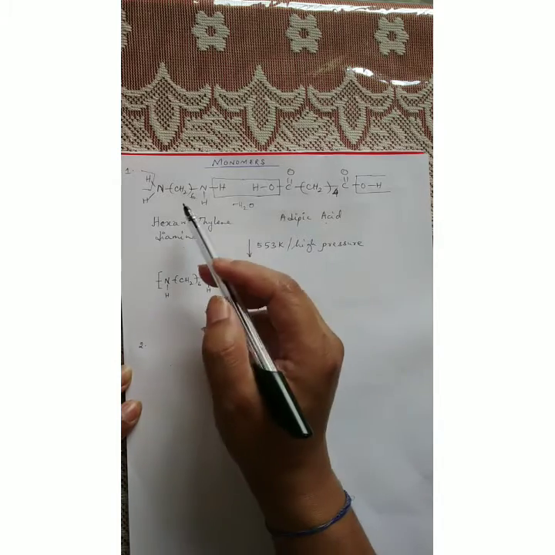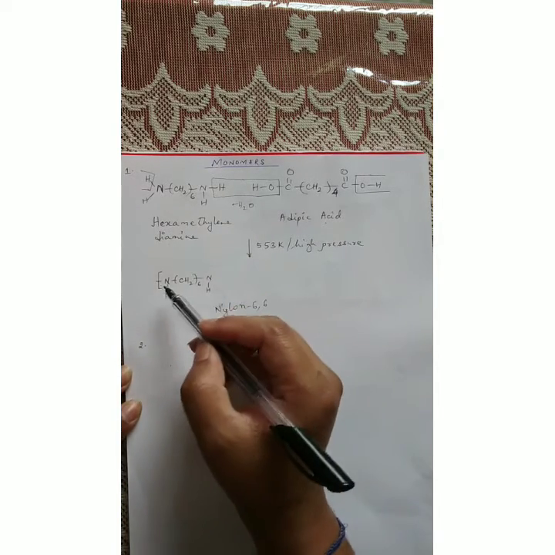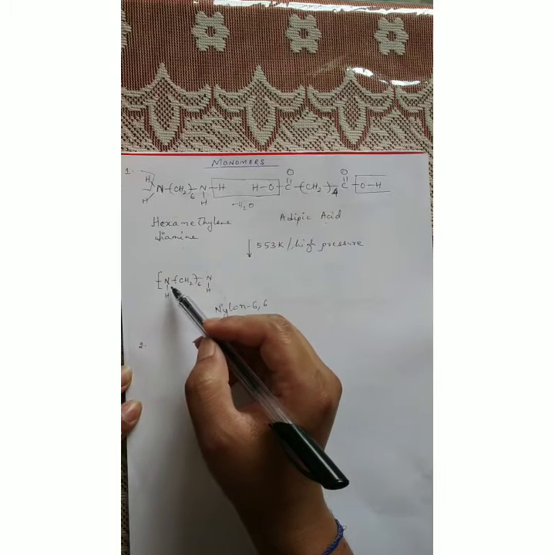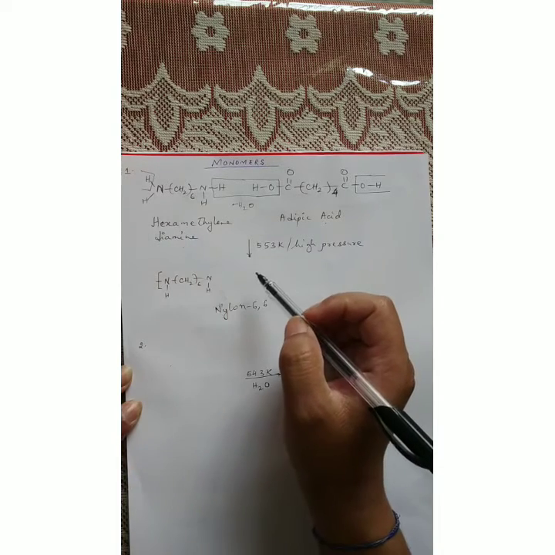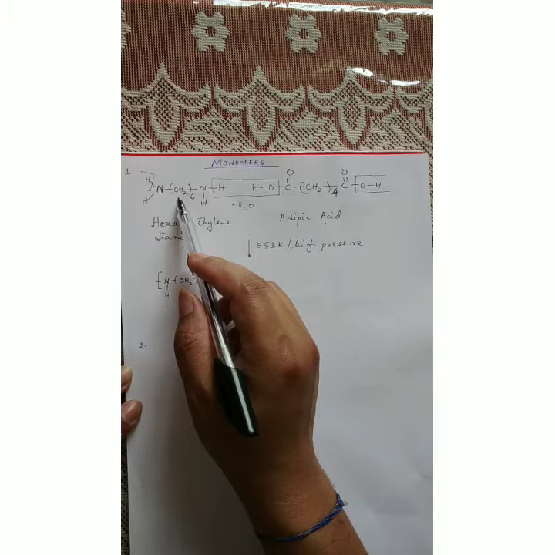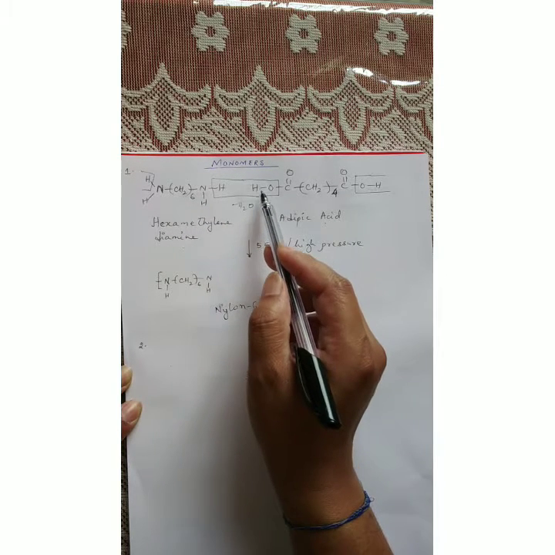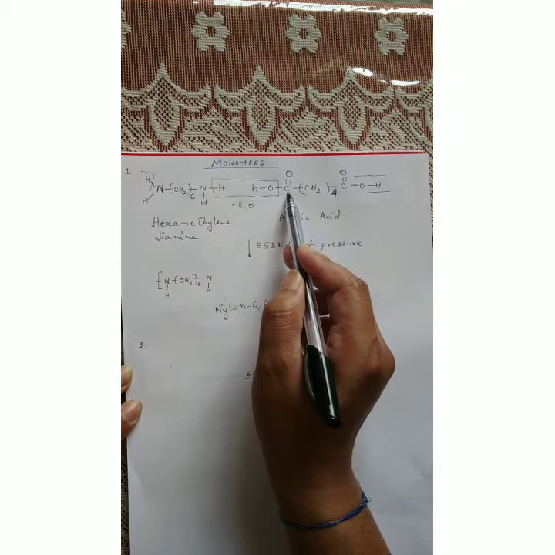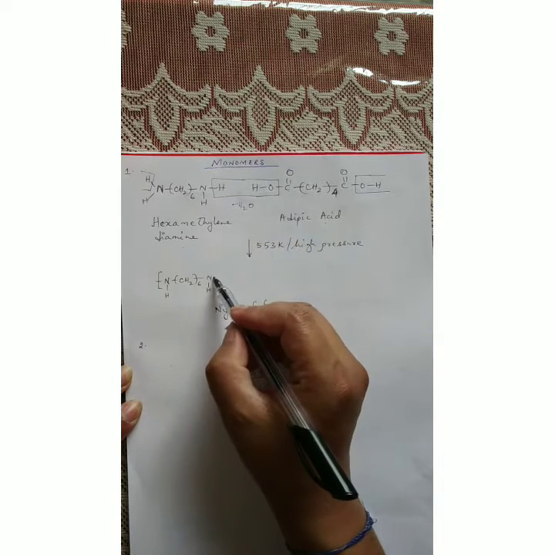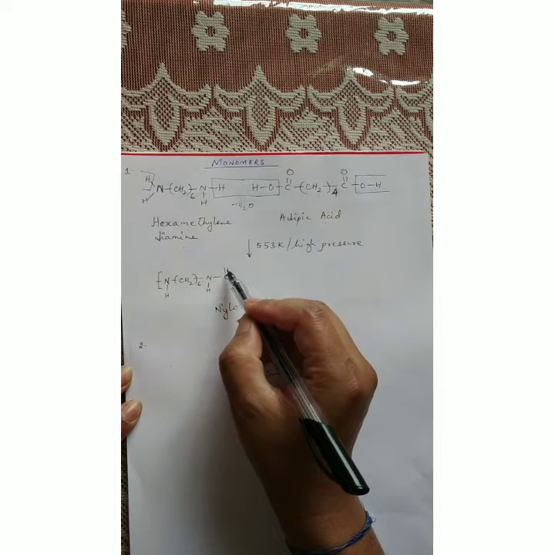So the structure that we'll be getting will look something like this. You have removed H from here, then the structure will remain the same. In this case H will be gone, in this case OH will be gone, so this C double bonded O carbon will be connected to nitrogen and it will look something like this.